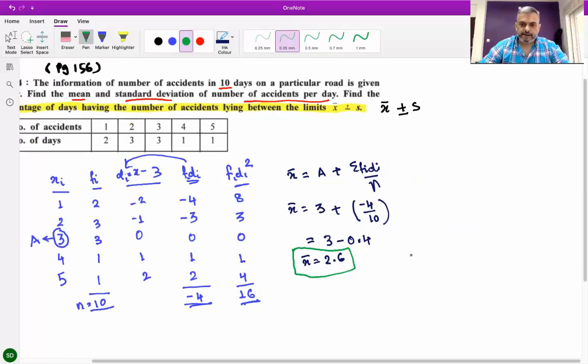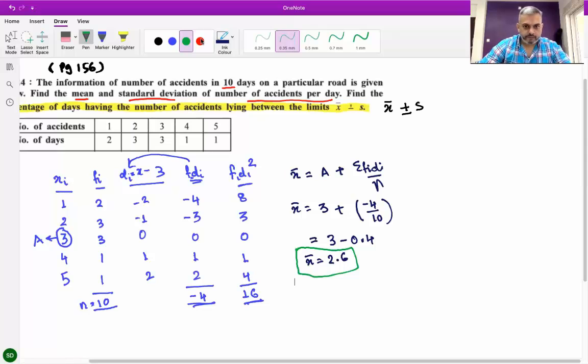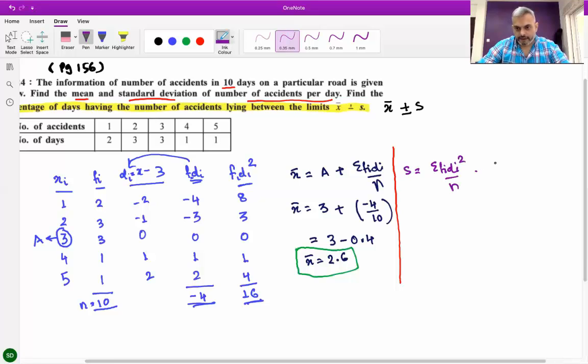Now standard deviation. S is equal to sigma fi di square upon n minus sigma fi di upon n the whole square, and the whole under root.